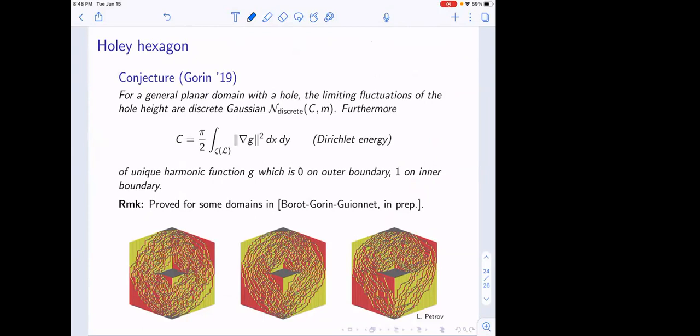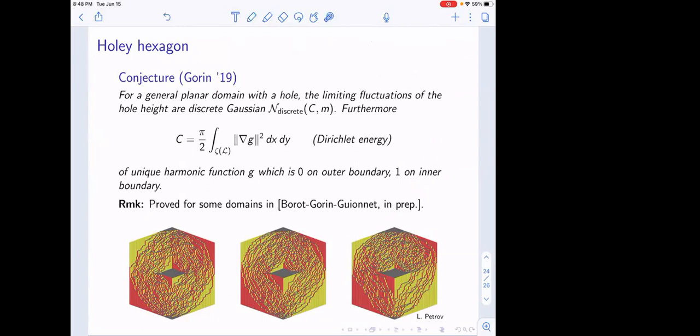And now what about uniform tilings where we don't fix the height of the hole? There is a conjecture made by Vadim that for a general case, where the height function of the hole is not fixed, the limiting fluctuations of the hole are discrete Gaussians.